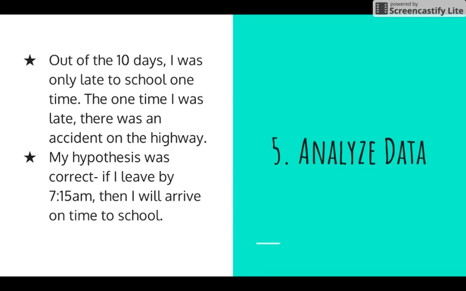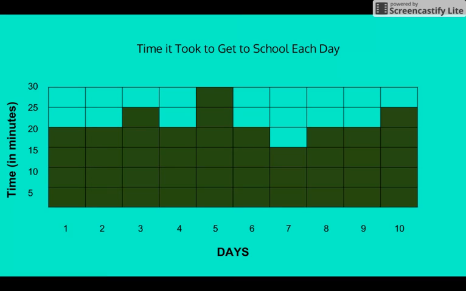We've talked about how when you analyze data, sometimes you have a data table. This isn't a data table, but this is a bar graph that I drew, where I took the data that I gathered from my experiment and put it into this graph. You can see that I have a title that explains what this whole graph is showing: the time it took to get to school each day.